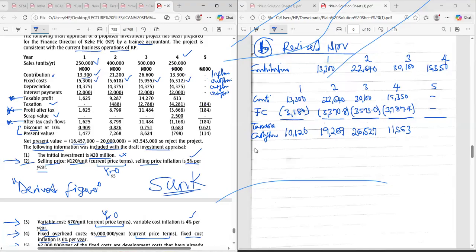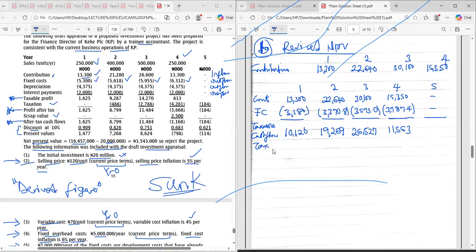So let's put in our tax. Tax is how many percent? 30%. Tax at how many percent? Check the question now.